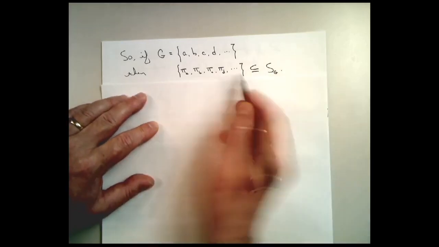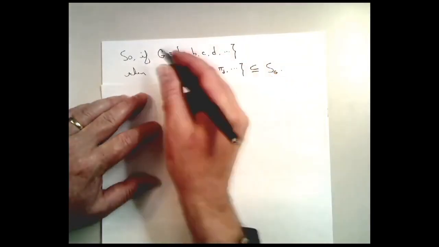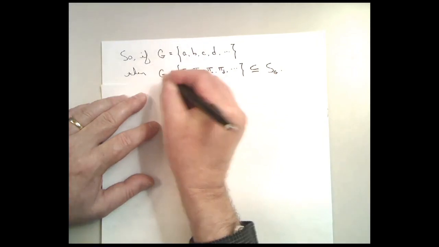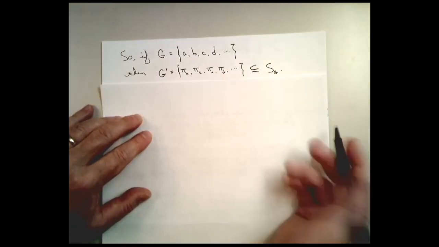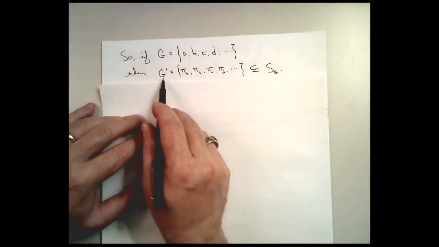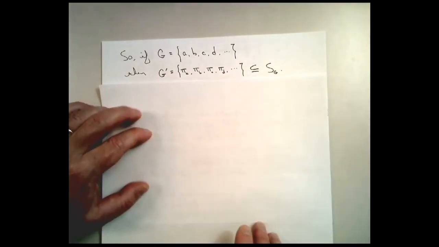So that I don't have to keep writing this down, let's call this G prime, just to give it another name. Everything in G prime is a permutation of G.